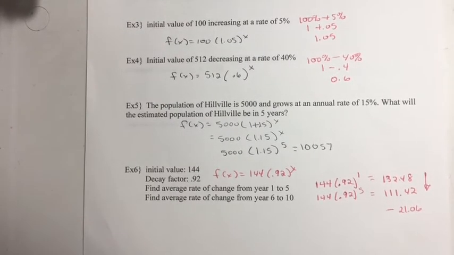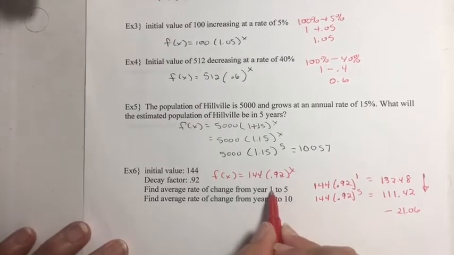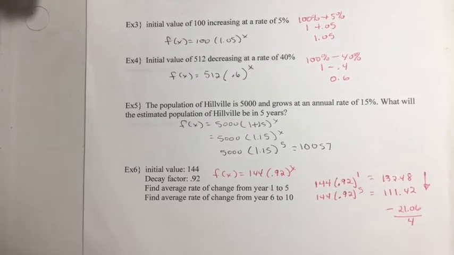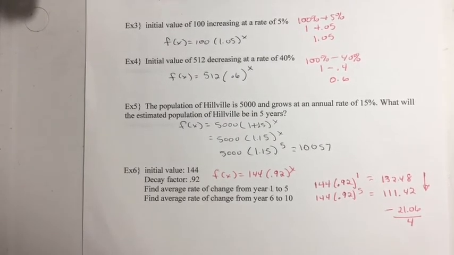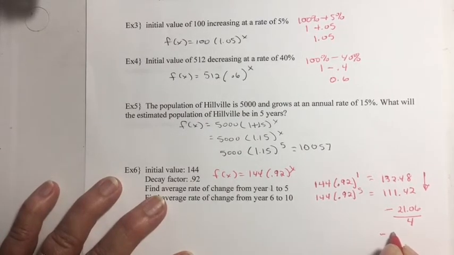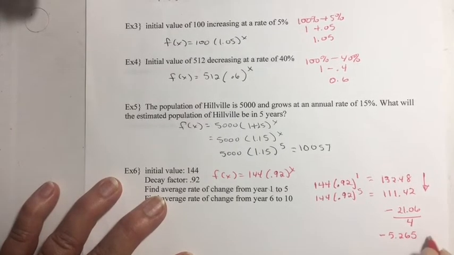And how long did that take to happen? 4 years. So the time change is 4 years. So the rate of change is that it drops by 5.265 per year.